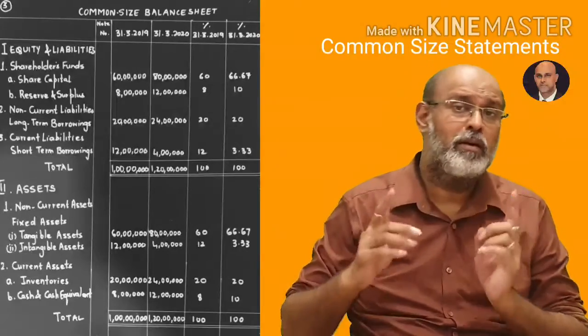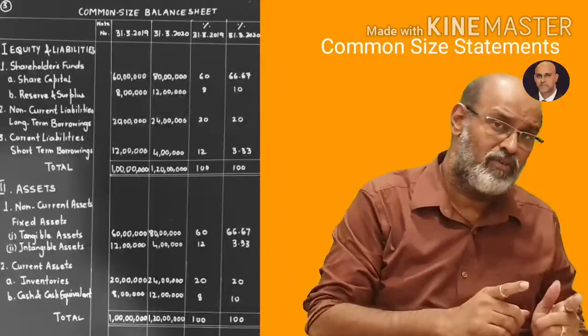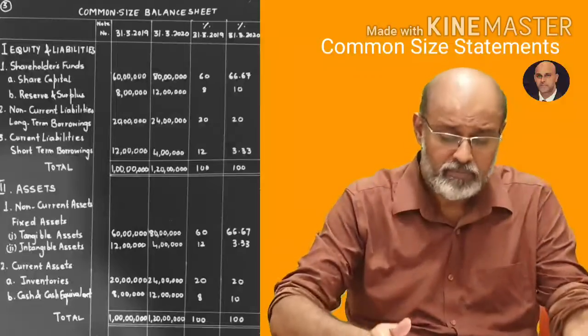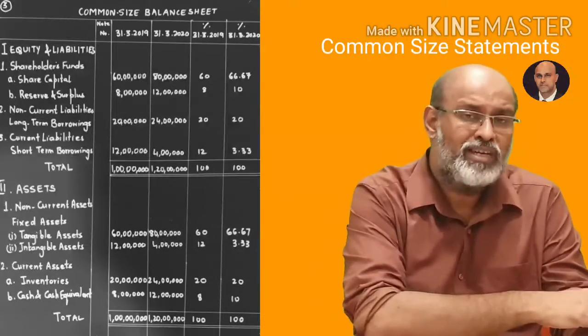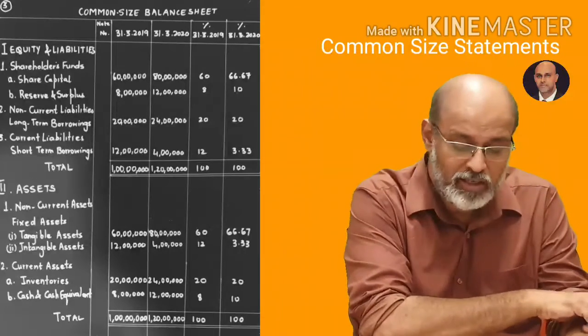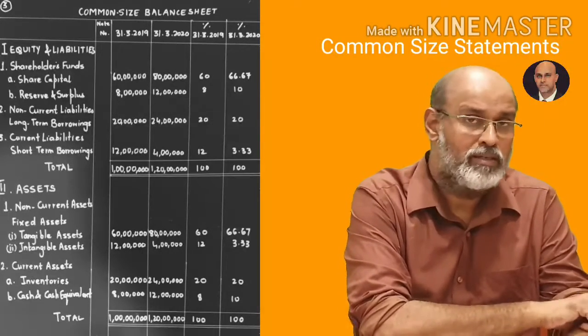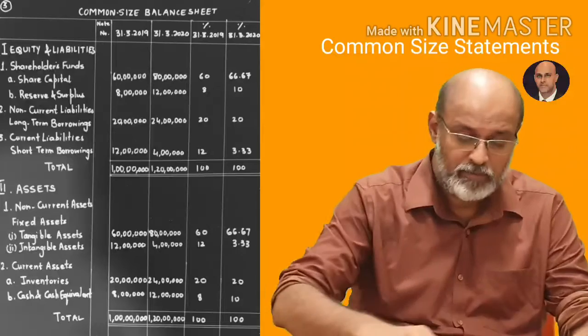Always remember the previous year has to be written first and then the current year. So we will have to rearrange this when we write down the sum and find the common size balance sheet.